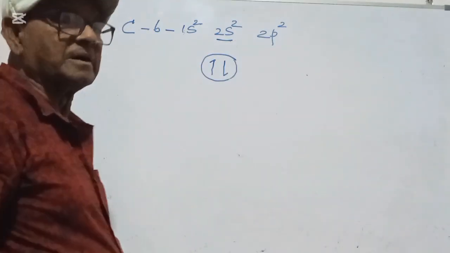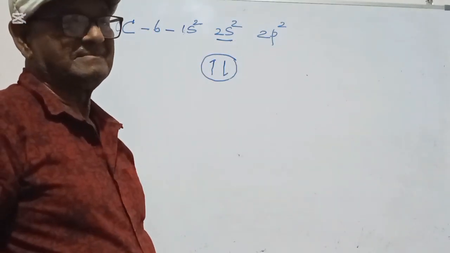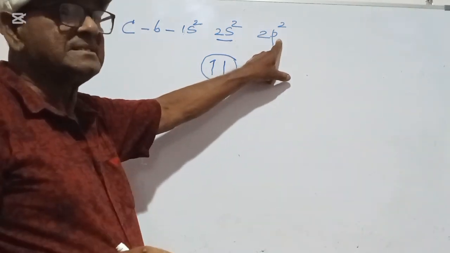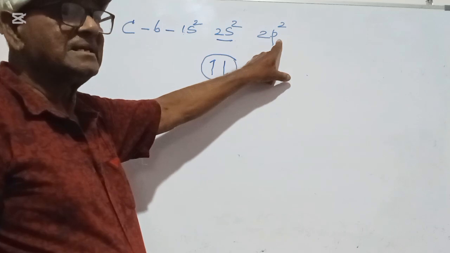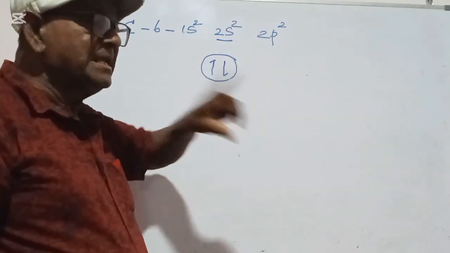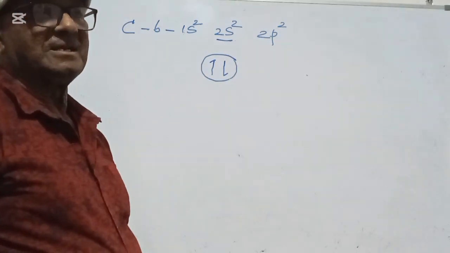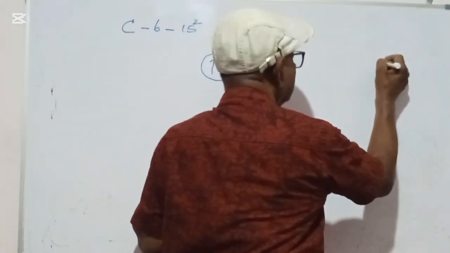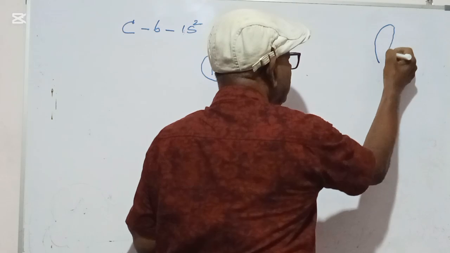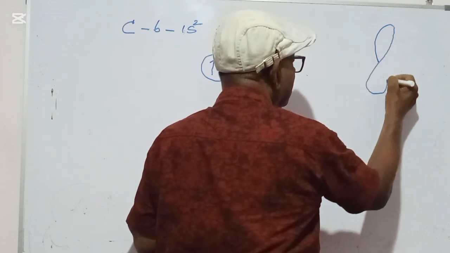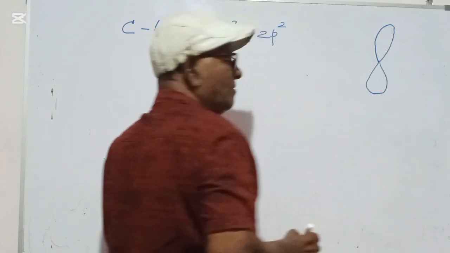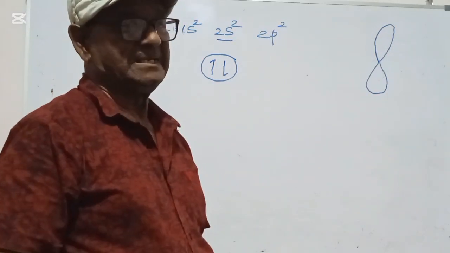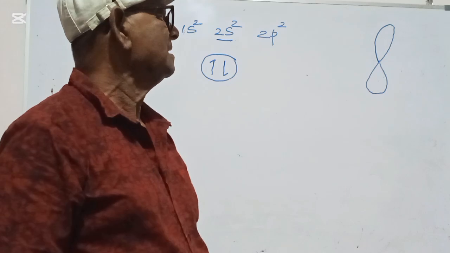This is the method of representation. Then p orbitals, you know that there are 3 p orbitals. What is the shape of a p orbital? I'll draw here. This is the shape of a p orbital. What do you call it? Dumbbell shape.